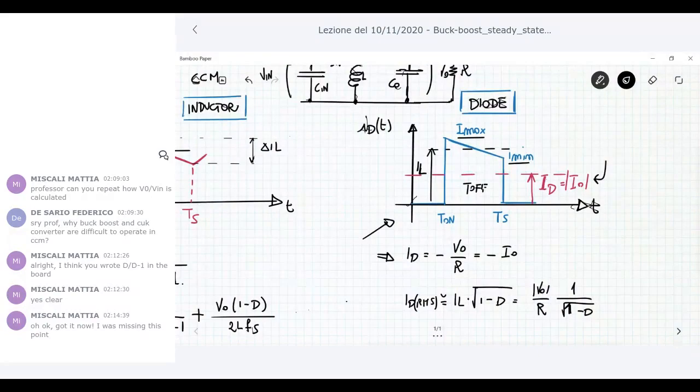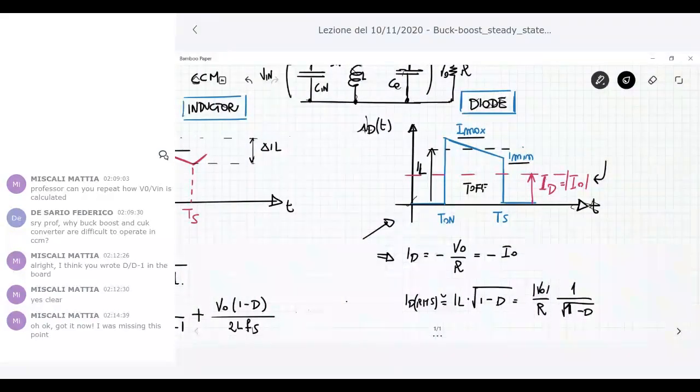What about the root mean square value of this current? This is not something that we directly use for the computation of conduction loss in the diode, but it is useful to derive the root mean square value of the C naught capacitor current. So we have to derive it, and you can derive this root mean square current by applying some approximation.